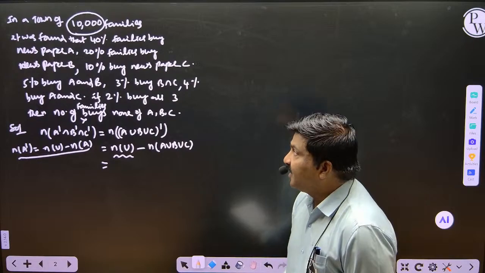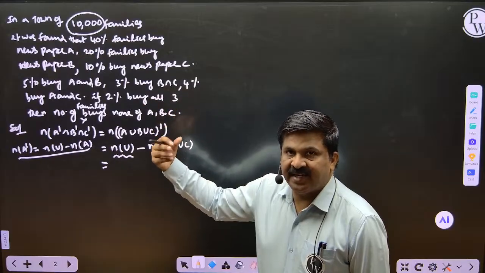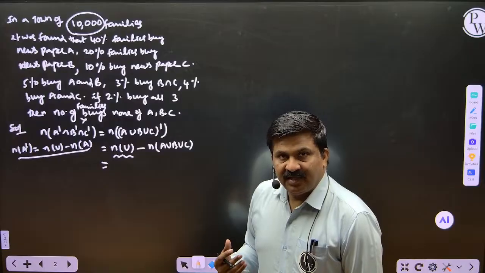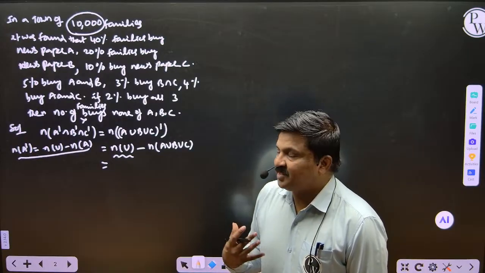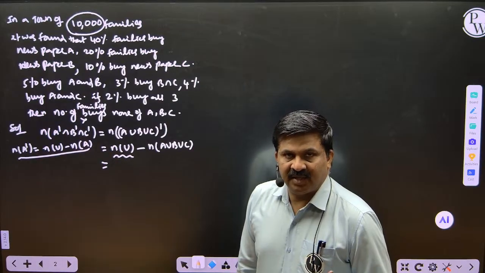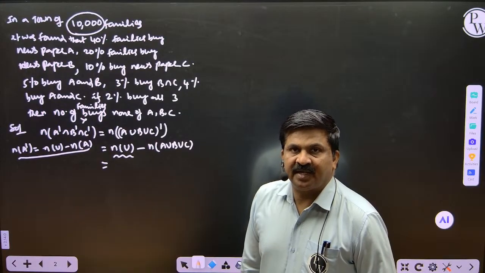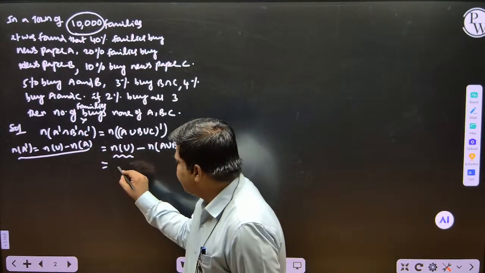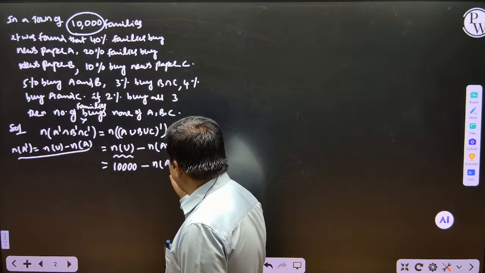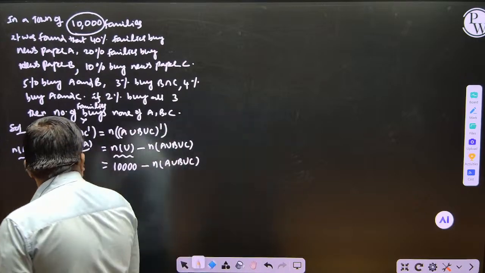The problem is associated with families in a town, so the universal set is the number of families living in the town. That is 10,000 minus N of A union B union C, which we want to eliminate here.